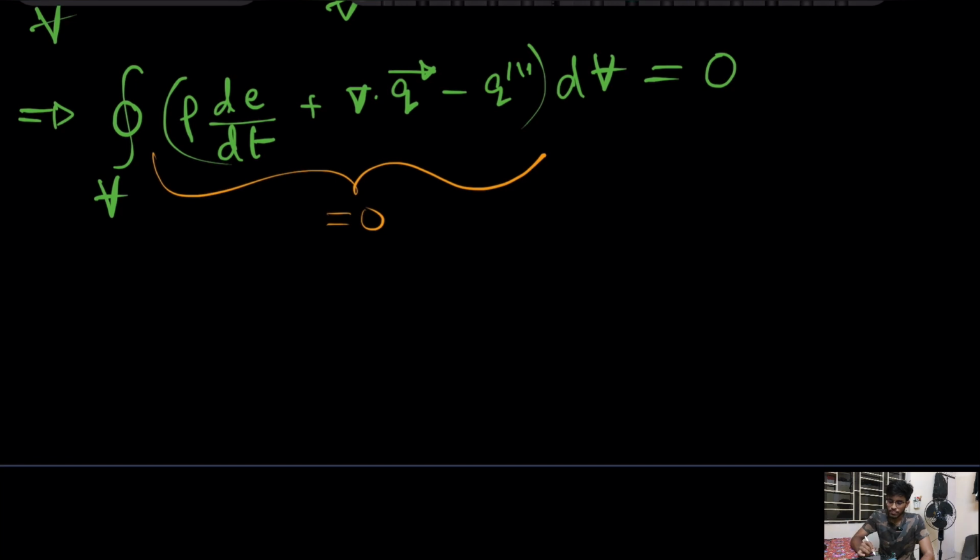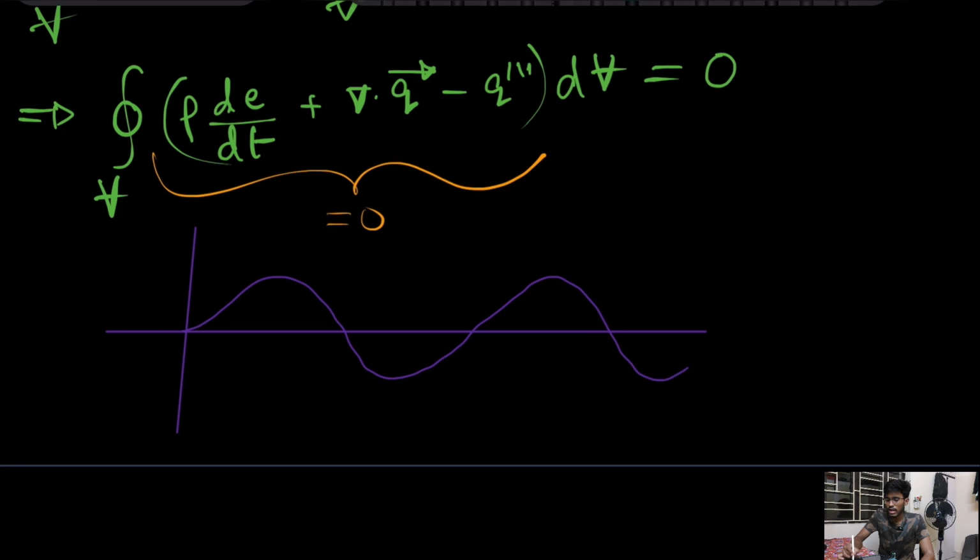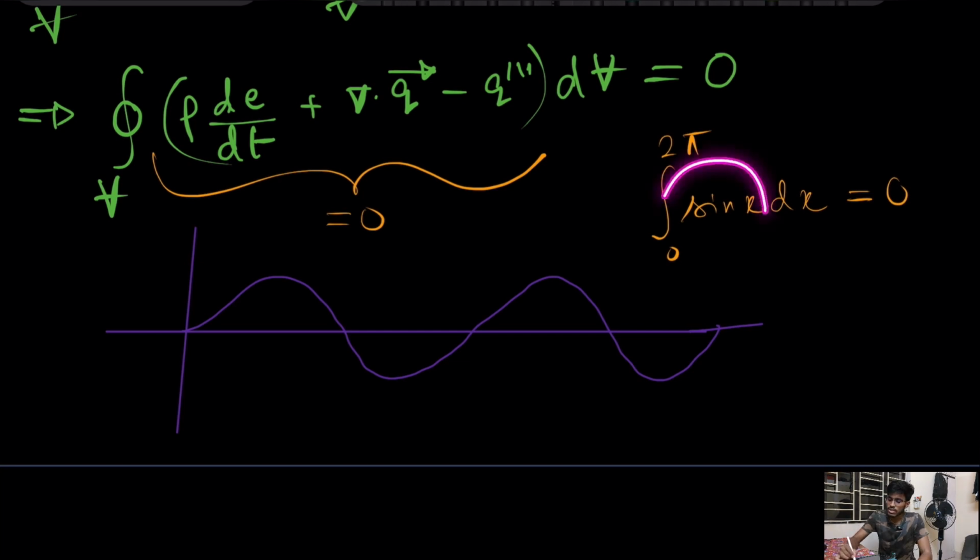Let me take again the example of sin x. First of all, why can I not say that sin x is equal to 0 at each and every point if the integral of sin x dx from 0 to 2 pi is equal to 0?